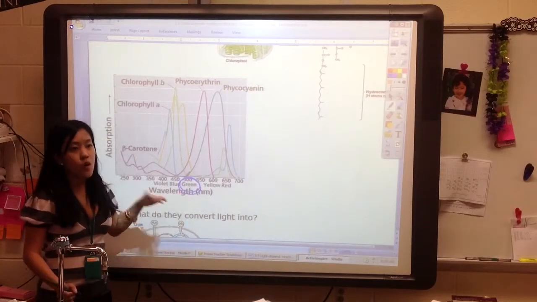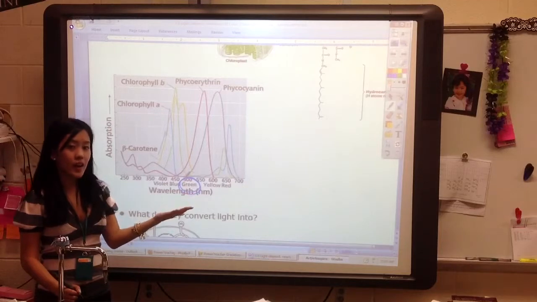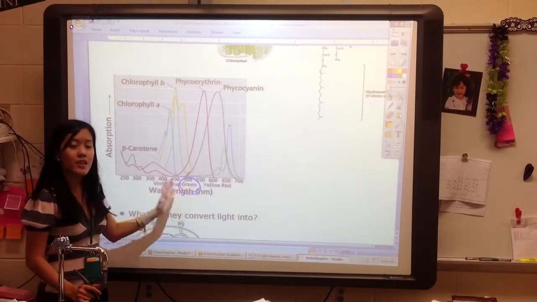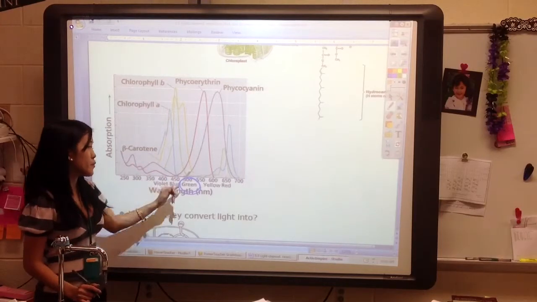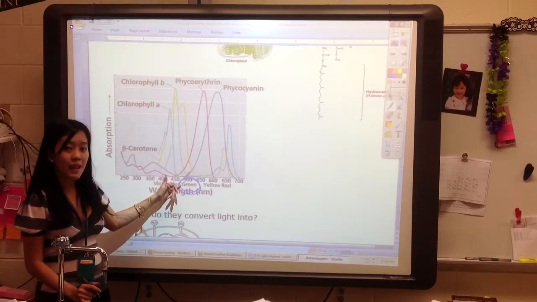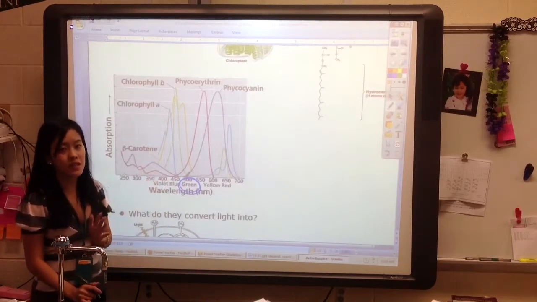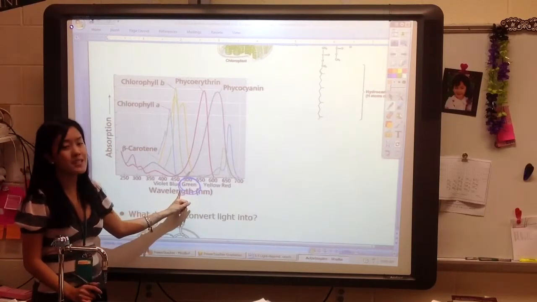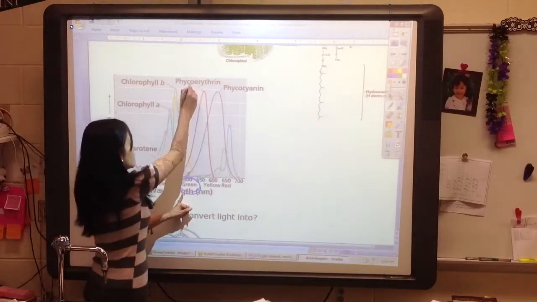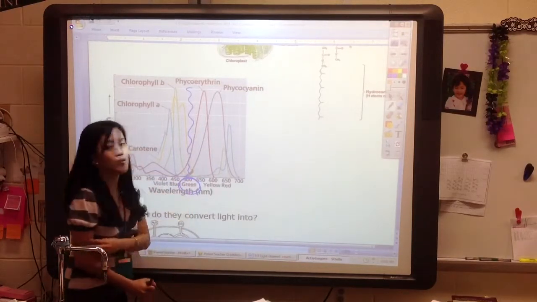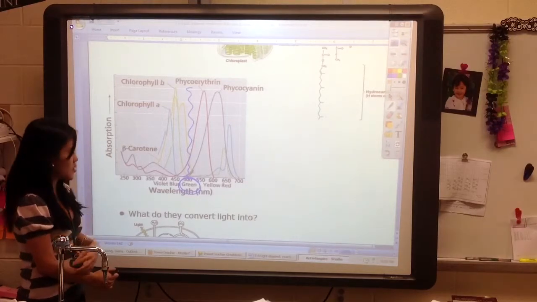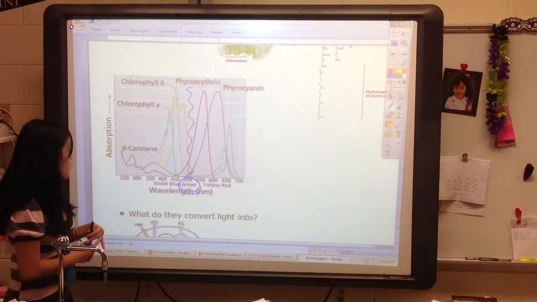Okay? When we see a color, that color is actually the light wave that's being reflected. So for plants, if you only gave them green light, they're going to reflect the green light. So that's what we see. When it reflects the green light, that means it can't use that light. That light wave will not be able to be used in photosynthesis. So it's not really an efficient light for the plant.